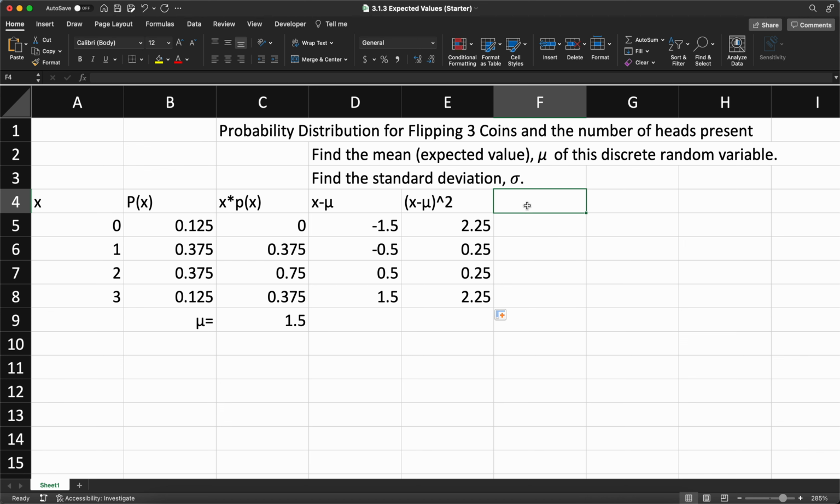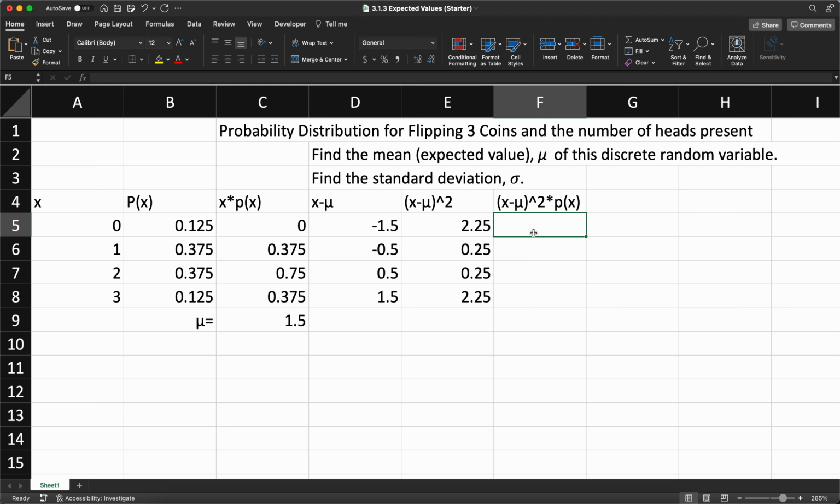And then finally, what I want to do is find the squared distance from the mean times my probability function. Okay, so my probability of each value as I go.